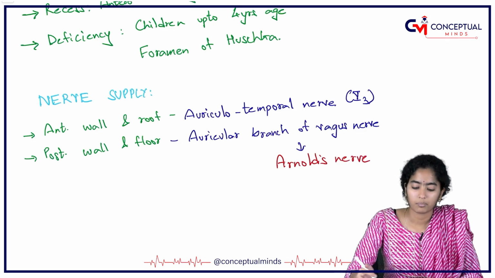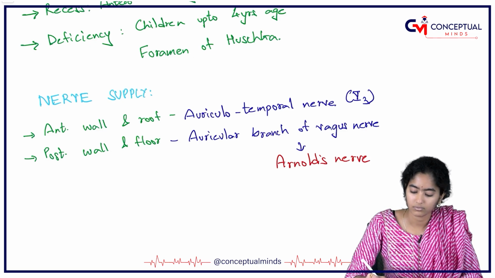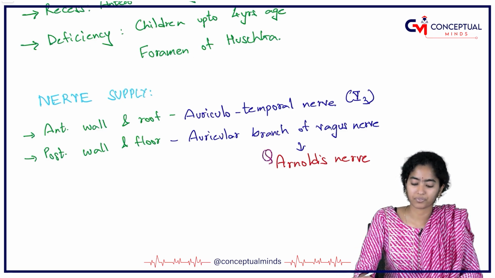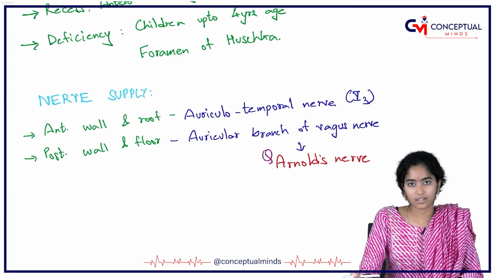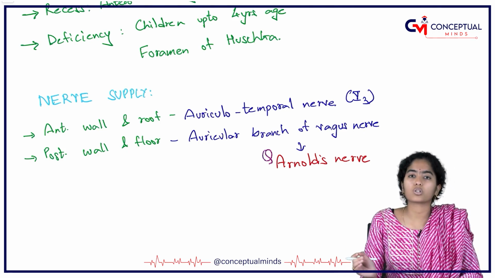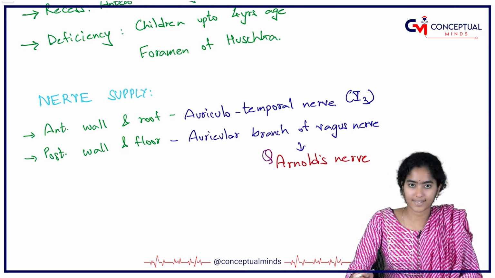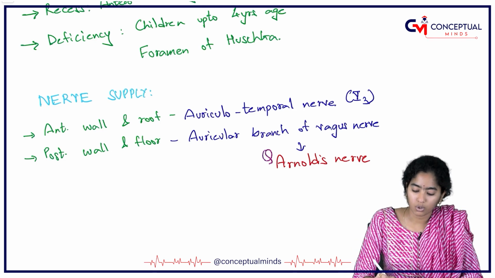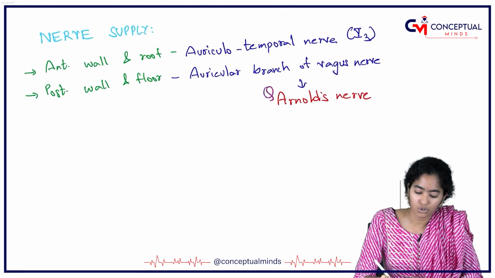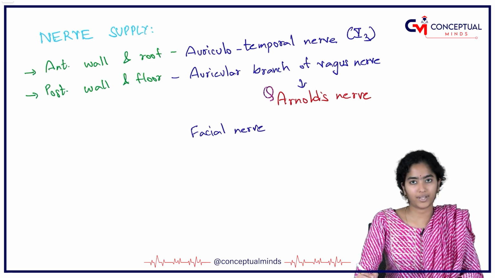Any eponym becomes a question for us in the exam. Arnold's nerve. Now there is another point that has to be remembered. Through the vagus nerve, the facial nerve also gives its branch through this auricular branch of the vagus nerve. So the posterior wall and the floor are also supplied by a branch of the facial nerve through the auricular branch of the vagus nerve.